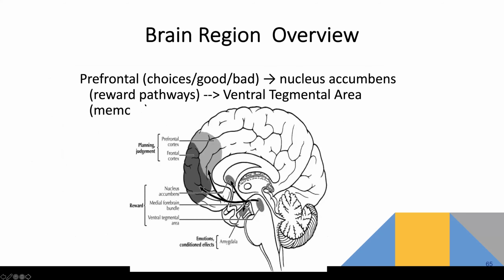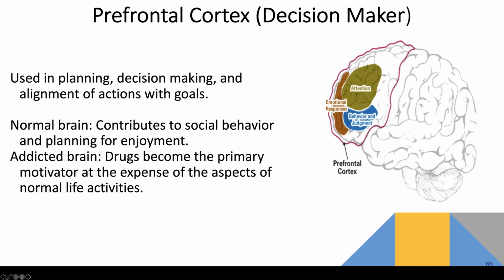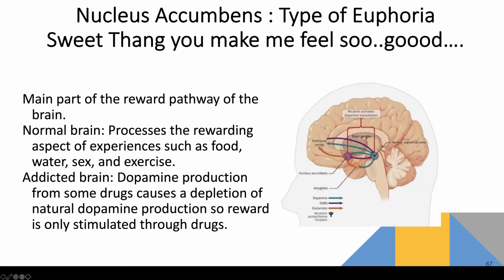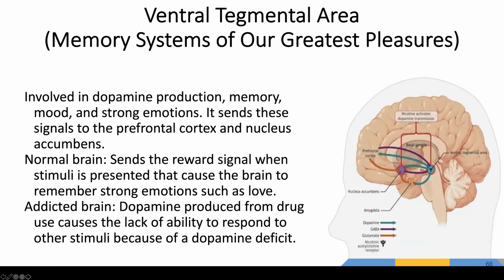We talked about the brain regions and the prefrontal cortex and the nucleus accumbens, the VTA, which is your reward pathway. And so I won't regurgitate that. You can look at the slides again and again. We covered that yesterday pretty well in depth.